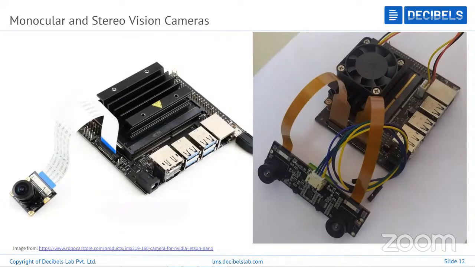If you see a monocular camera, it's like this. We have one single camera, such as you have in your phones, right? Nowadays we have 3 cameras in our phones, but previously, if you look at your front camera, there's only one camera. Same way, monocular camera means single camera.